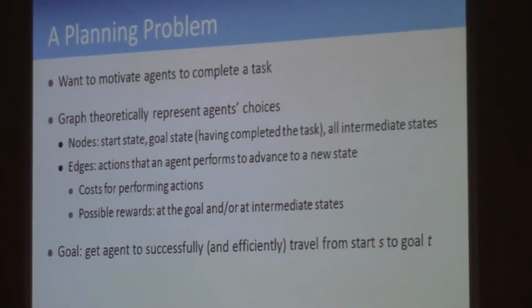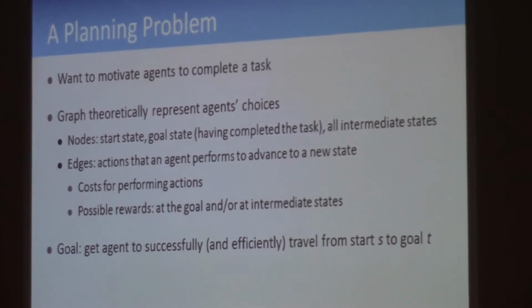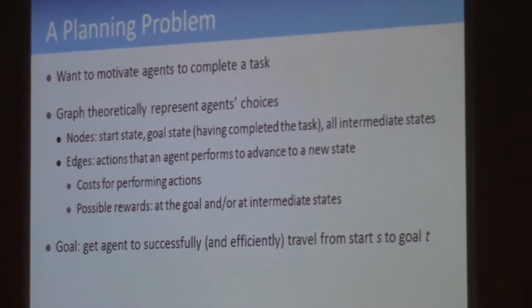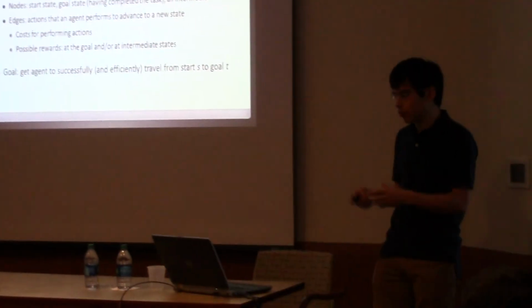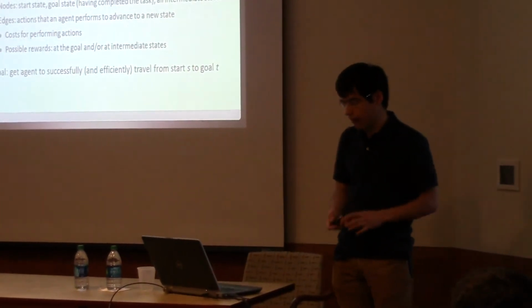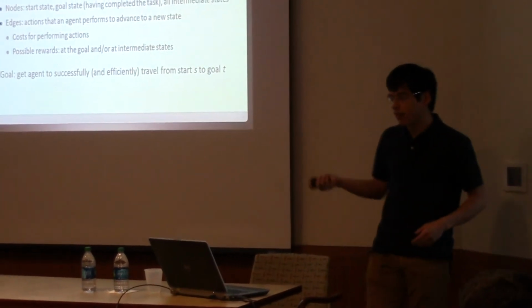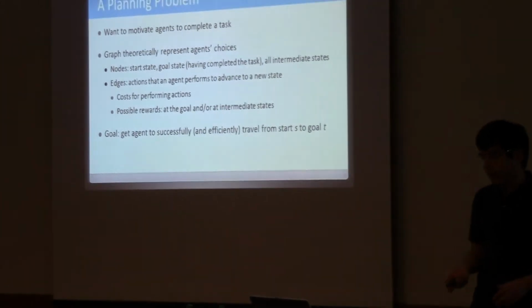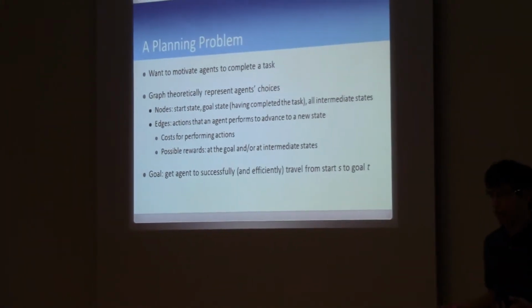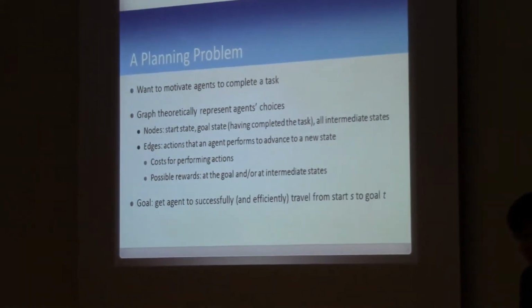Your goal is to eventually get it to take this broad overarching task by advancing from state to state, intermediate tasks as it were, performing actions to do so that have a cost, which you can represent as weights on the edge of the graph. This is a mathematical structure, but it's often studied in computer science because it's pretty easy to analyze algorithmically, and it is useful for modeling a lot of computational phenomena.